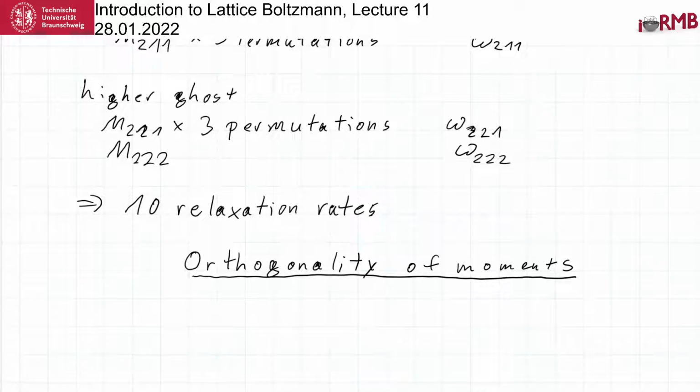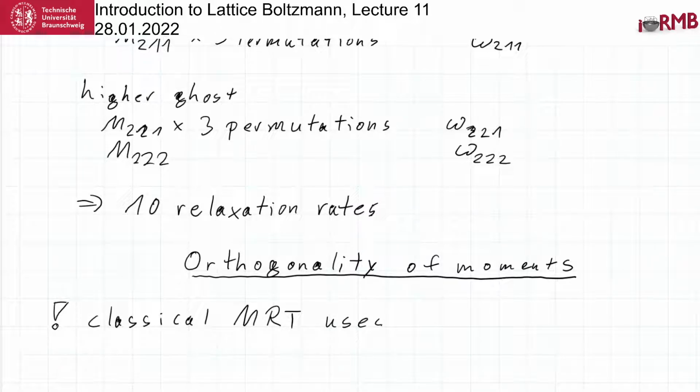So in this paper that I mentioned in the beginning of this lecture today, the MRT uses the so-called unweighted orthogonality.